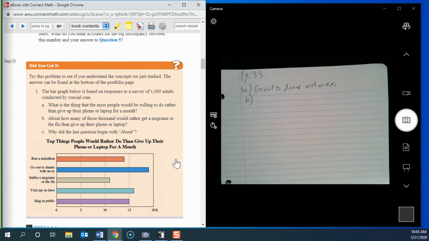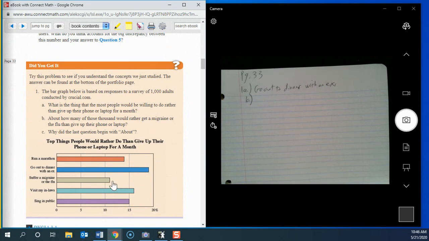Okay, B, about how many of those 1,000 would rather get a migraine or the flu than give up their phone or laptop? Okay, so first of all, we look here, suffer a migraine or the flu. We notice it's a little bit over 10, which is percent. So this is more like about, it looks more like 11% because it is a nice little distance from being halfway through.